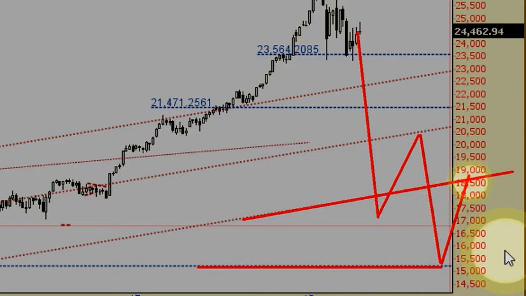Now, the other scenario is it could go quite a bit higher. It could maybe go up here, because remember, this is the wave 4 high, so this could just be the first move. Problem is, you don't really know, and then the second move could be back up to the wave 4 high, and then boom, down.